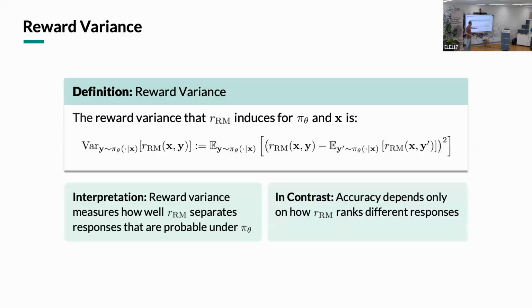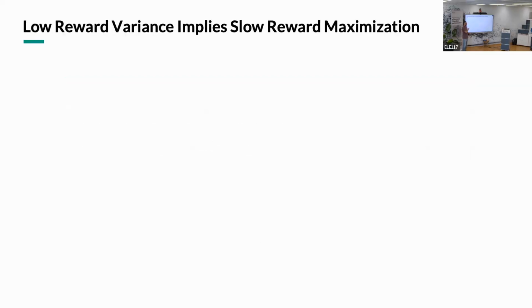And note that this is in contrast to accuracy, which actually does not depend on the degree of separation. Okay, it only depends on how the reward model ranks pairs of responses. So effectively, accuracy and reward variance measure independent properties of the reward model. Now, what we show is that reward variance is intimately connected to optimization. Specifically, if it's low, it will take you a long time to increase the reward.